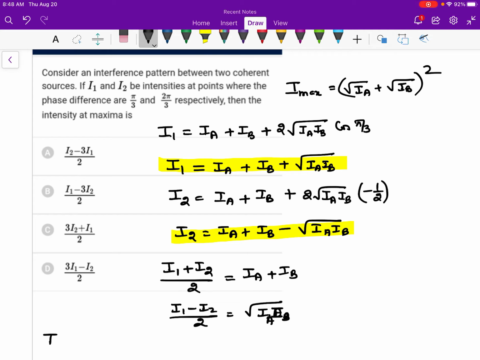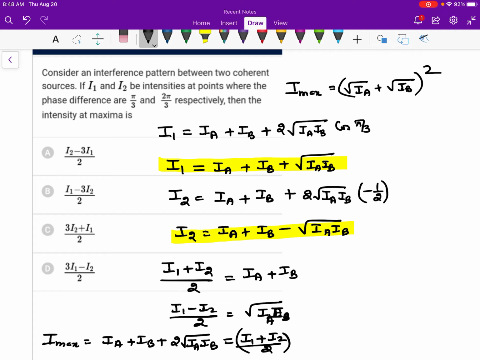Okay, now maximum intensity Imax is IA plus IB plus 2 root IA IB, that is IA plus IB is I1 plus I2 by 2 and 2 root IA IB.